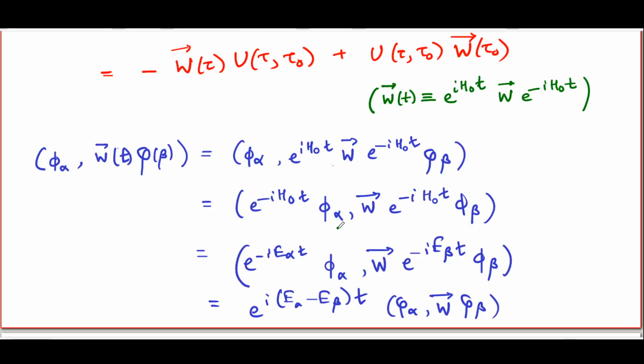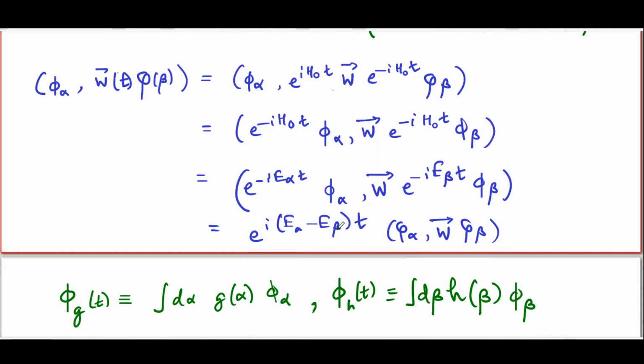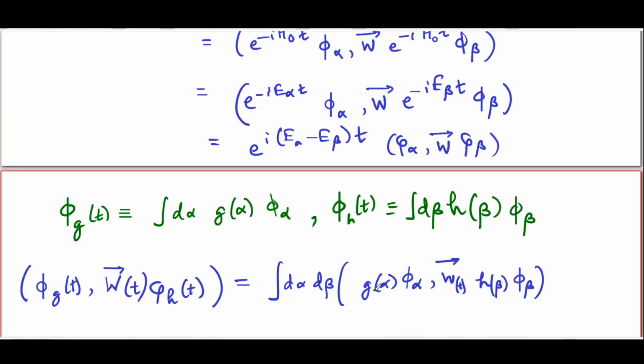Let us now try to figure out the matrix elements of this operator W(t) between smooth superpositions φg and φh of these free particle eigenstates, where gα and hα are basically the weighting factors with which different energy eigenfunctions contribute. The calculation is pretty straightforward.